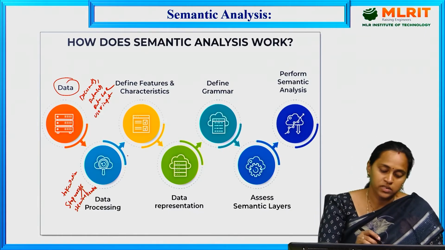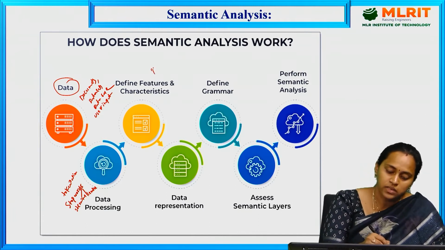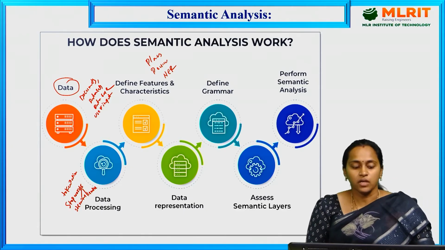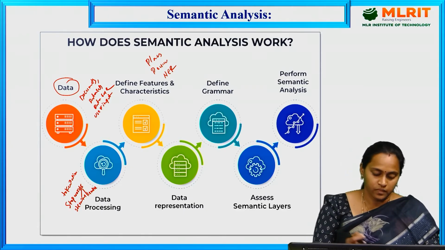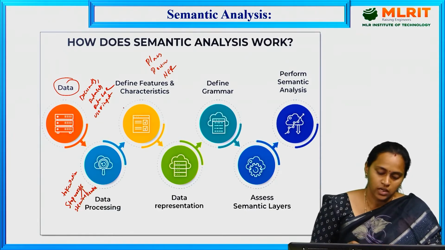After data processing we have to define the features. That means in the sentence find out the persons, named entities, that means NER, and places like this. That means we have to find out the features of that particular document. Next, after finding the features, we have to find the data representation.